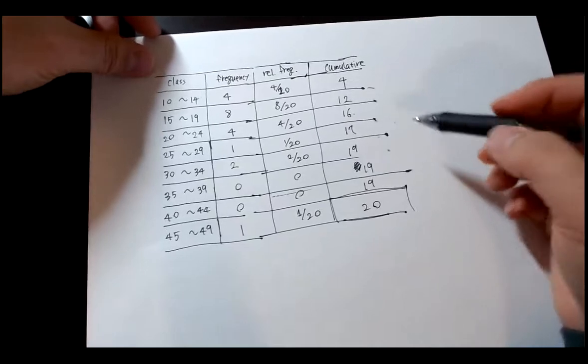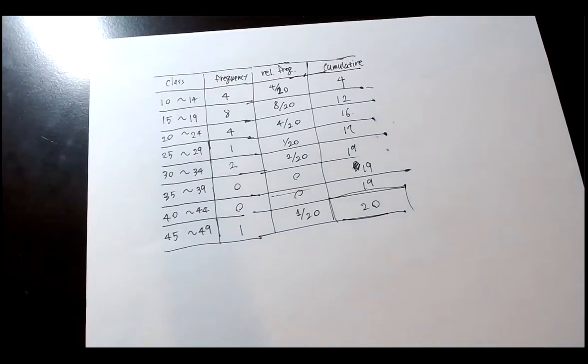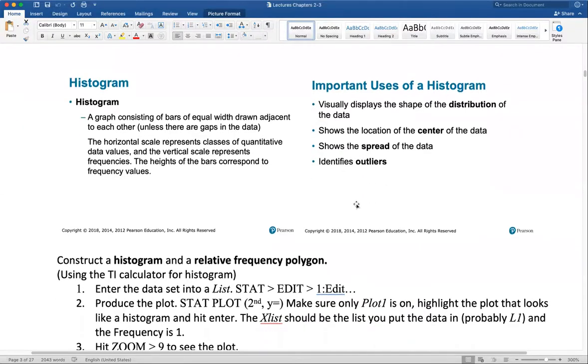Okay, now back to the lecture notes. We saw the histogram, right? A histogram is a graph consisting of bars of equal width drawn adjacent to each other.